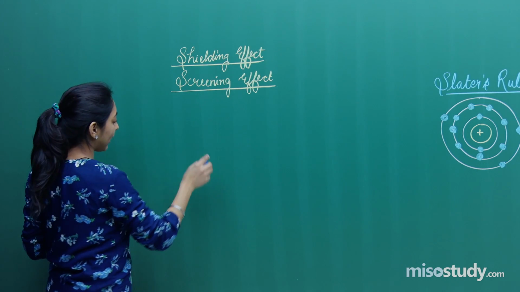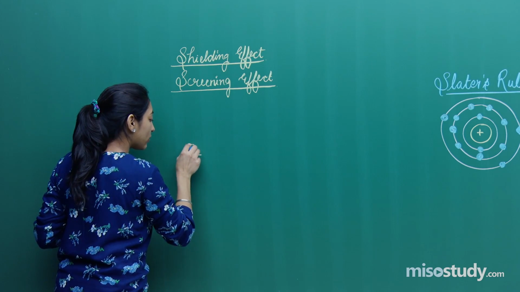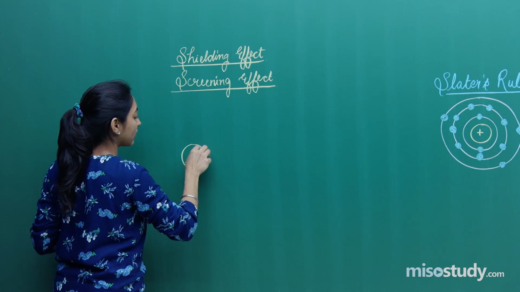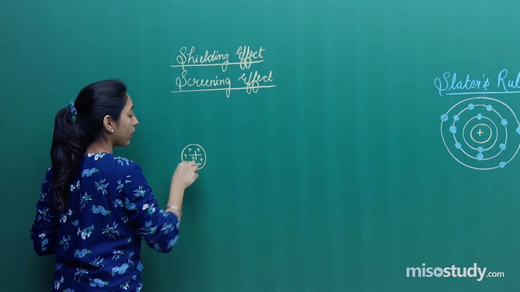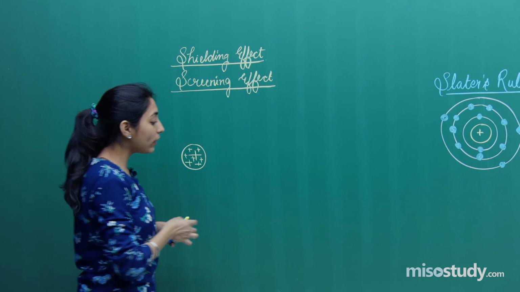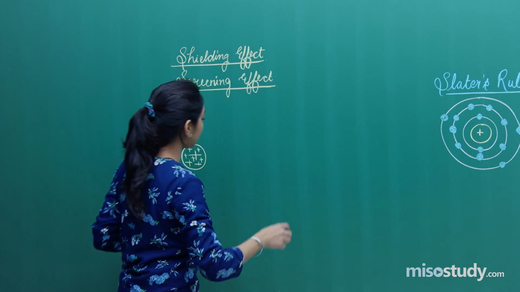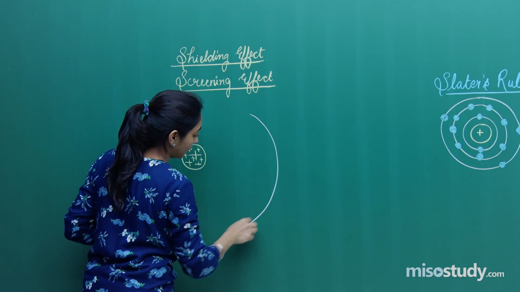It was something like there is this nucleus in the center, having lots of positive charges or protons, right? And now we consider that there is an outermost electron lying somewhere here.